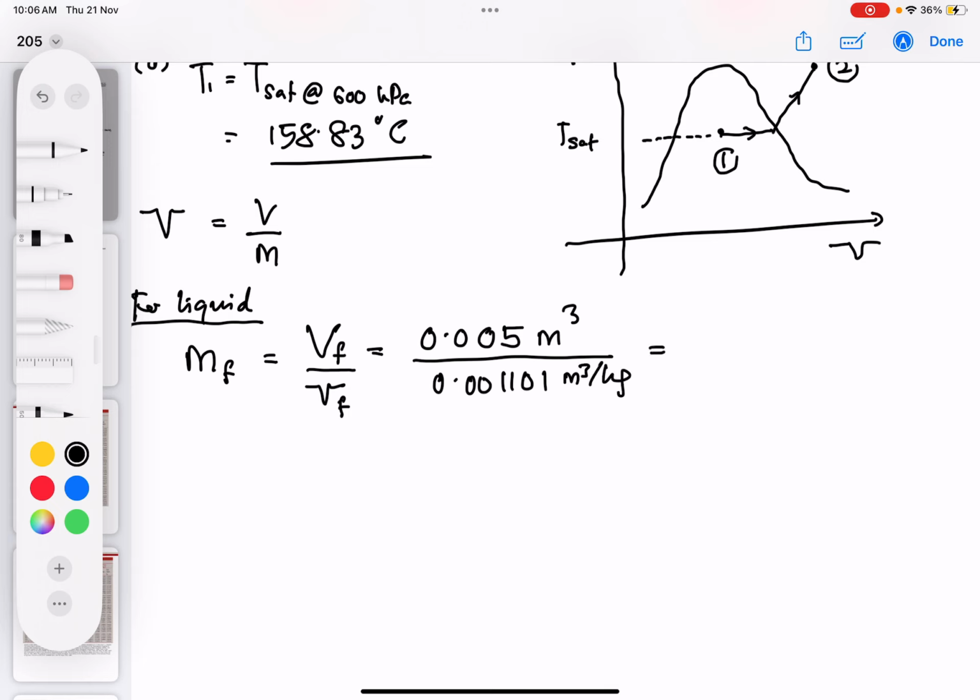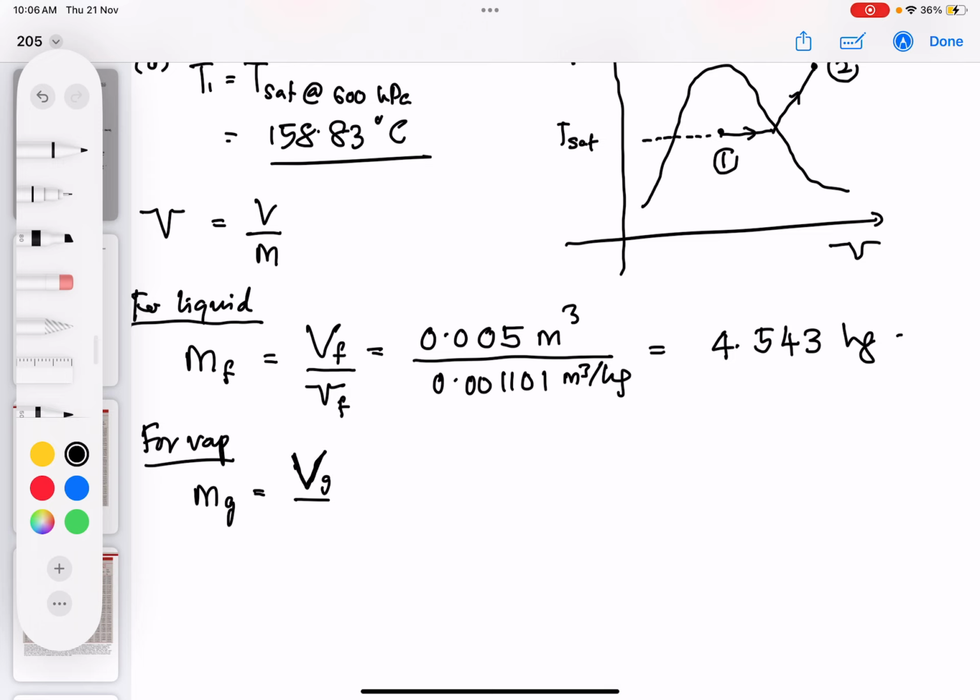By dividing these two, I should get the mass of the liquid, which is 4.543 kilograms.